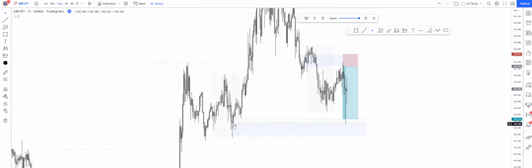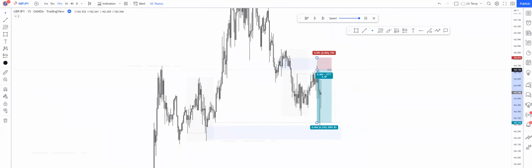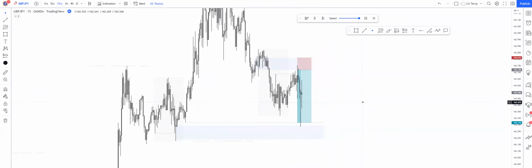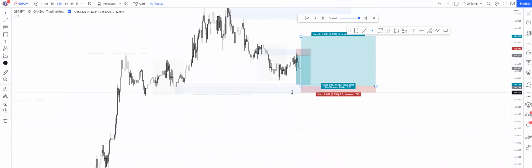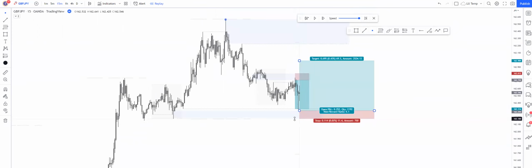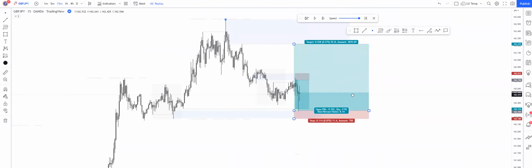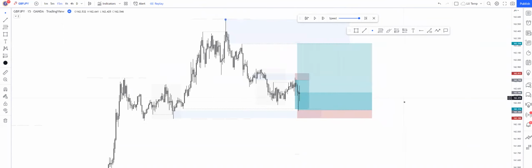So I would tap it in here. Let's wait for confirmation entry. Would I take this directly? I mean, if you don't mind having a 10 pip stop loss for 1 to 8, for sure. That's not bad at all.